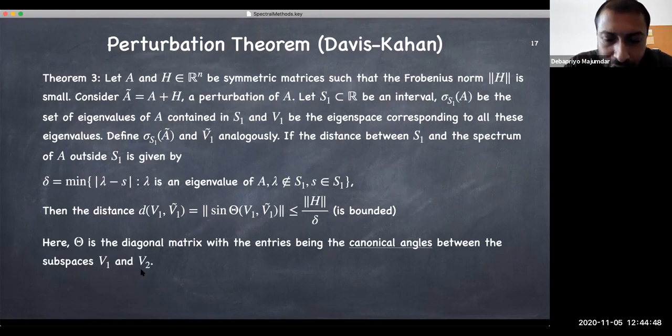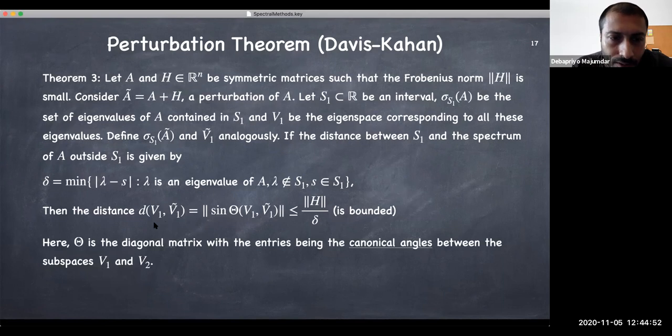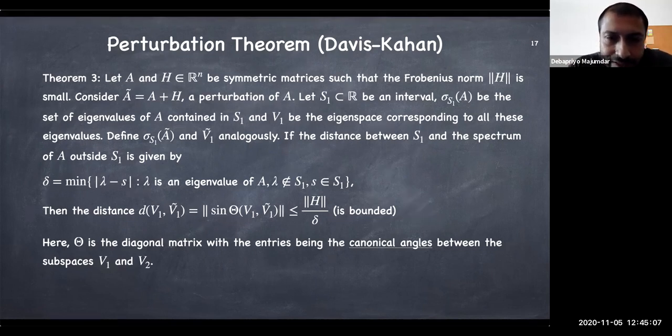Suppose you are only considering one eigenvalue. In this case, of course, not V1 and V2, but V1 and V1 tilde. So the first eigenvalue or second eigenvalue or whatever for A and A tilde, right? Suppose you are only considering this, how much has the eigenspace changed? The angle between them is your one particular canonical angle.